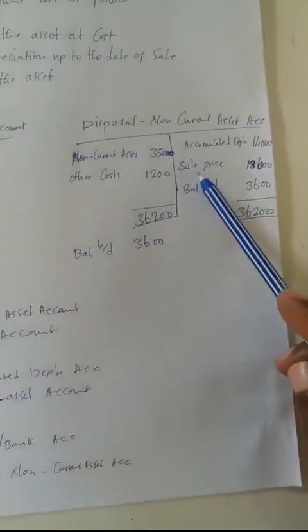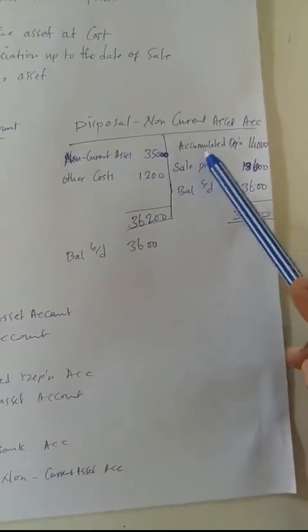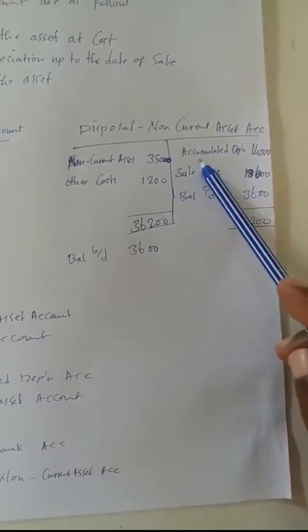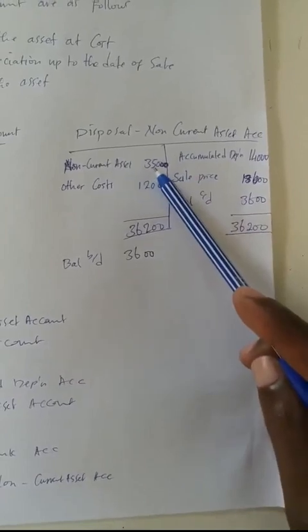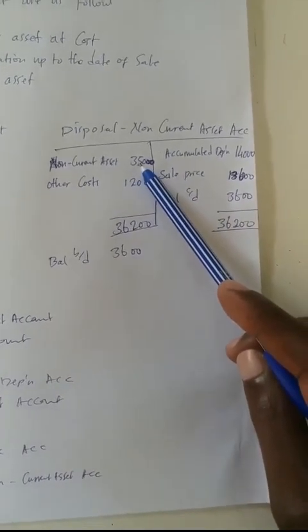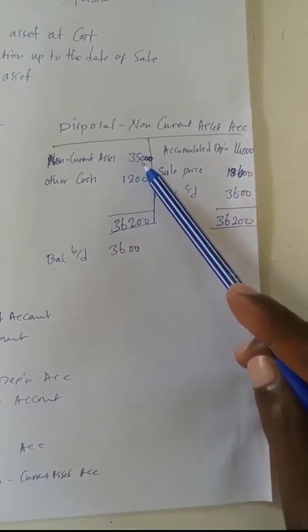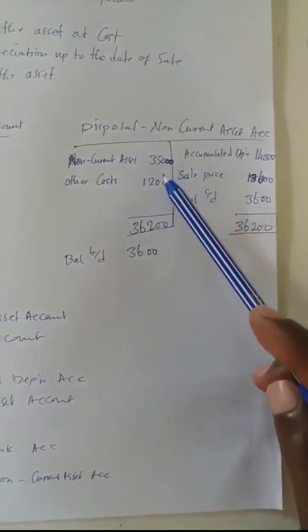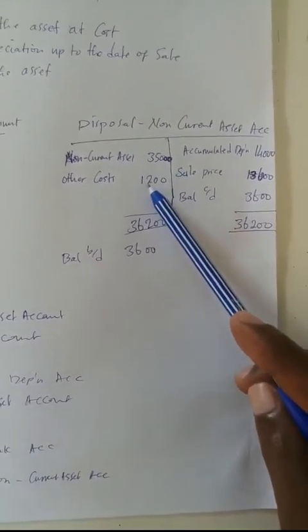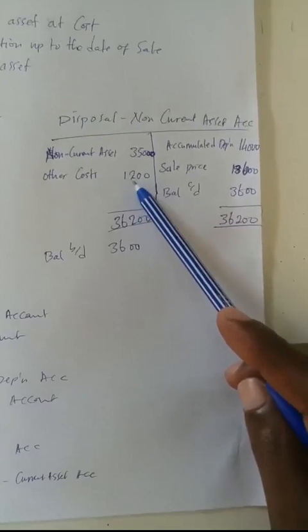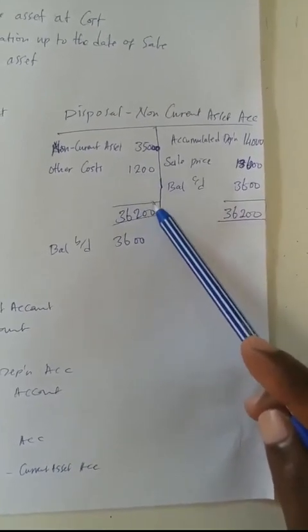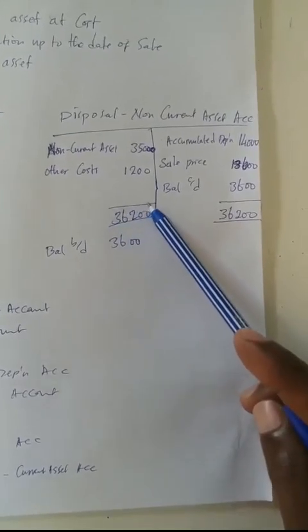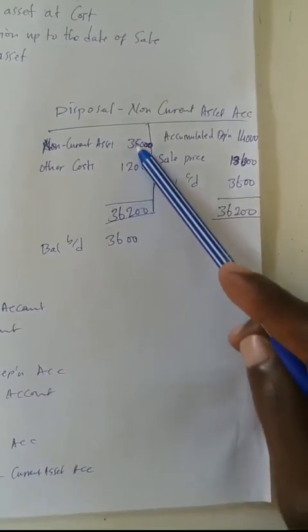But this time we are saying we've sold this machine, we don't have it, so we are showing the cost of the machine, 35,000 kwacha, and any other costs that we incurred on this machine we also debit. That's the other cost, which is 1,200 kwacha. So in short, this is the money we've spent on this same non-current asset.